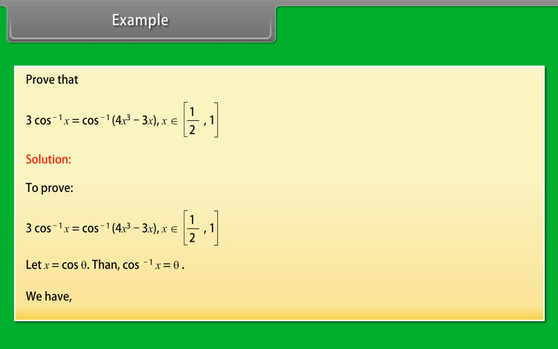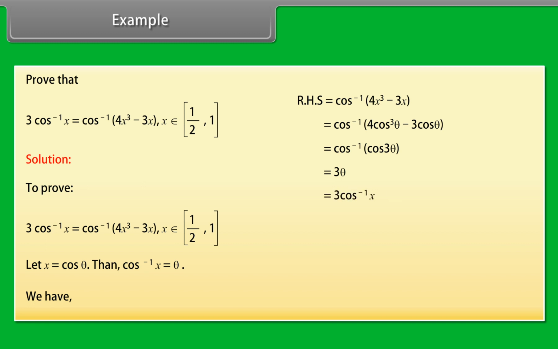We have the right hand side, cos inverse of (4x cube minus 3x), which is cos inverse of (4 cos cube theta minus 3 cos theta), which is cos inverse of cos 3 theta, which is 3 theta, which is 3 cos inverse x, equal to the left hand side. Hence, 3 cos inverse x is equal to cos inverse of (4x cube minus 3x), x belongs to [1 by 2, 1].